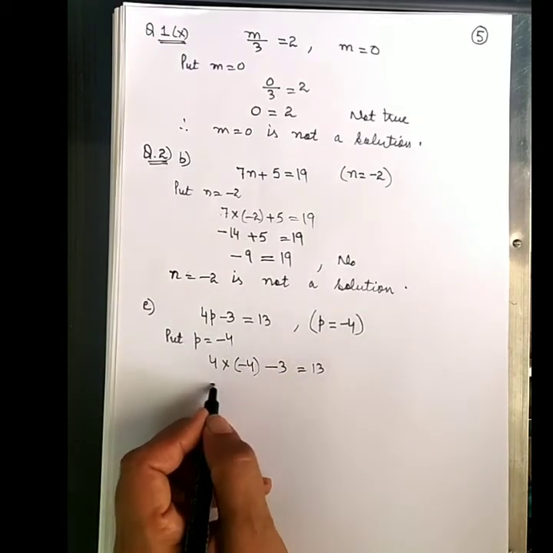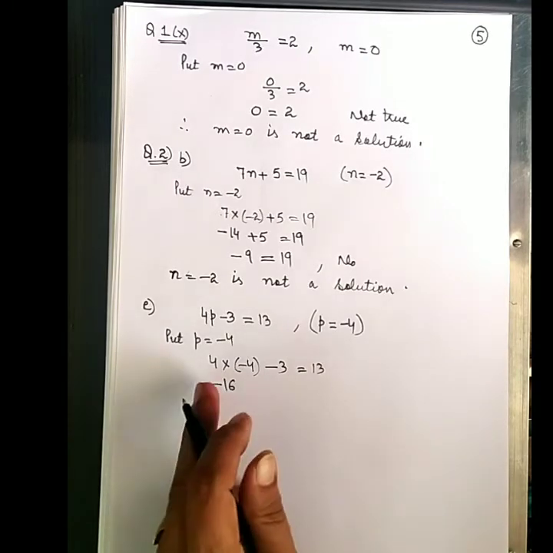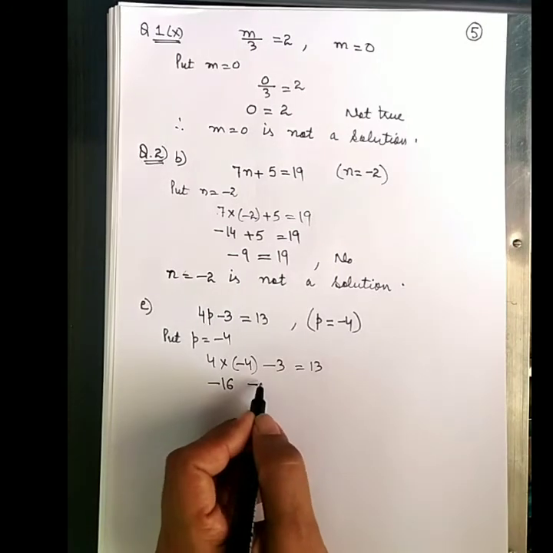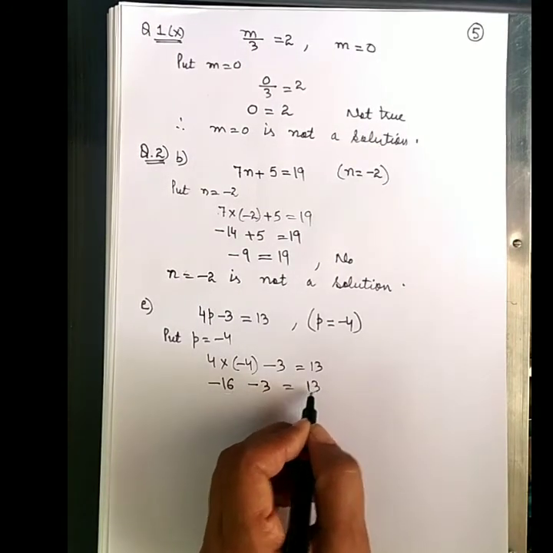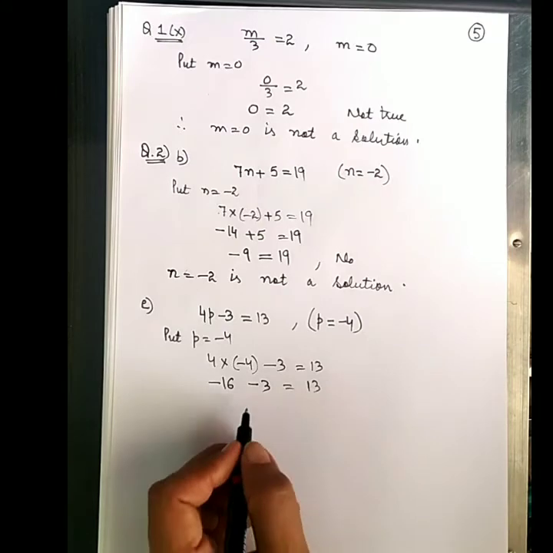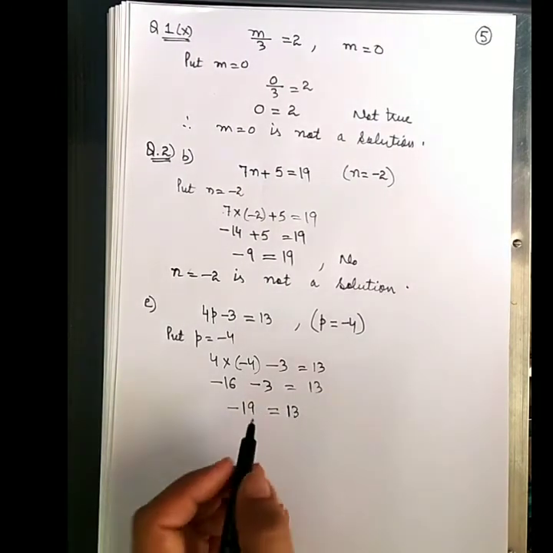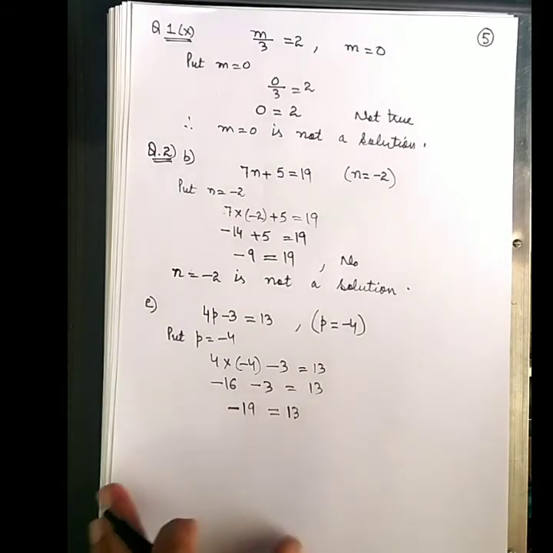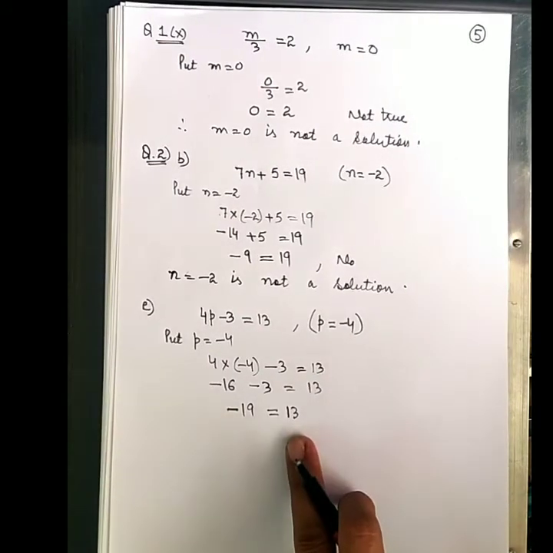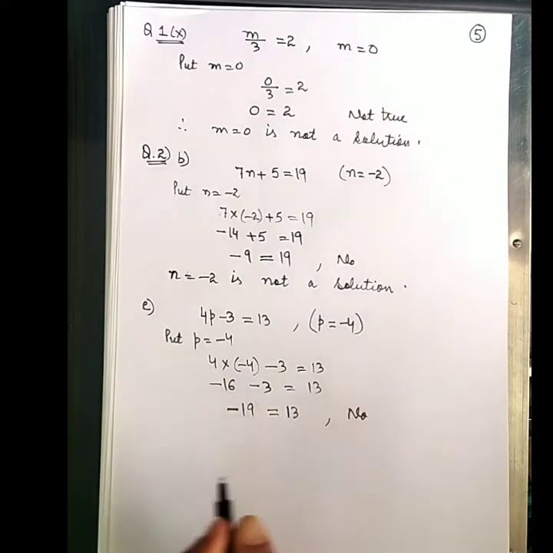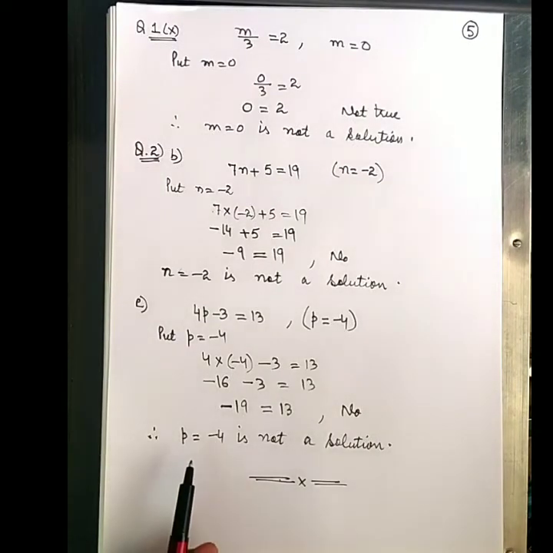It is minus 16, plus into minus, 4 4s are 16, minus 3. Minus 16 minus 3 it will be minus 19 is equal to 13. Now tell me whether minus 19 and 13 are equal? No, they are not equal. Therefore p is equal to minus 4 is not a solution.